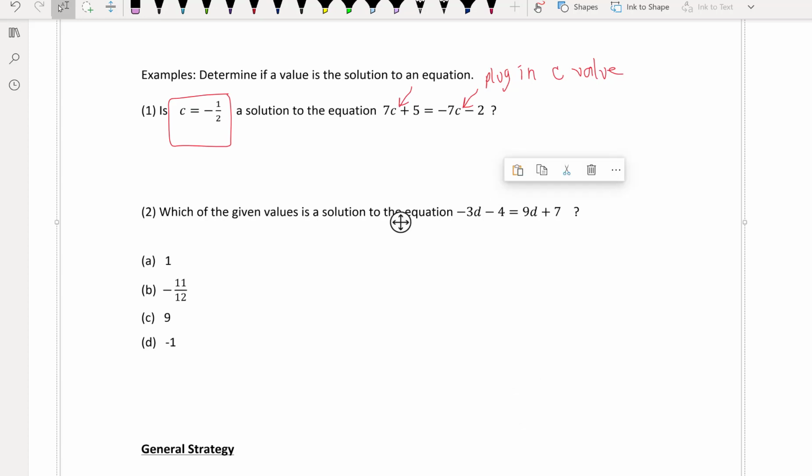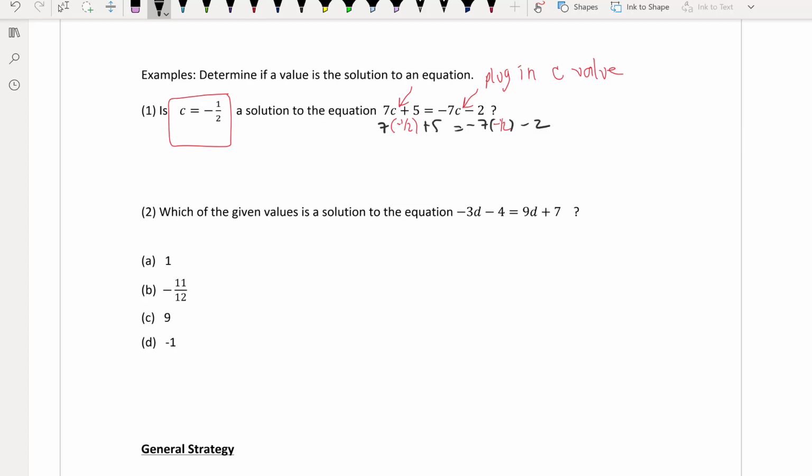I'm going to say this is 7, and my c value is negative 1/2, plus 5 is equal to negative 7, and my c value is negative 1/2, and I have a minus 2.